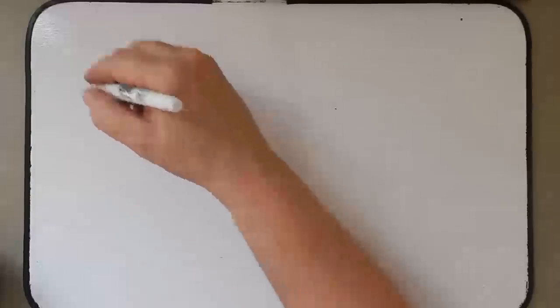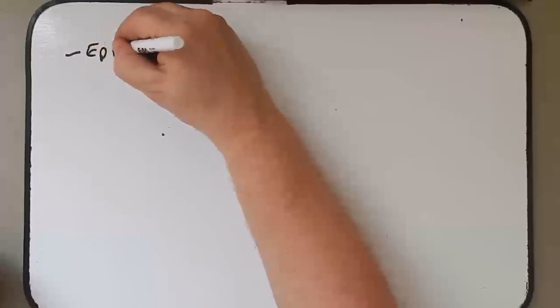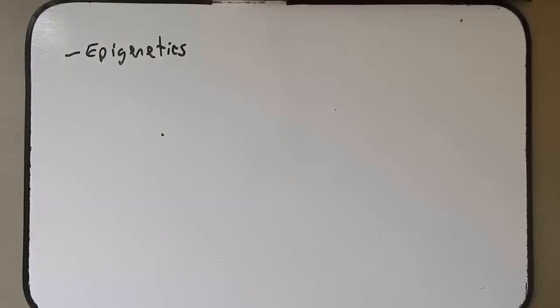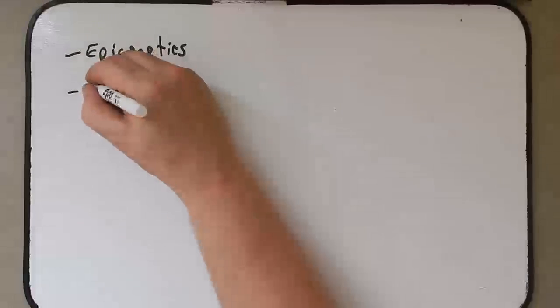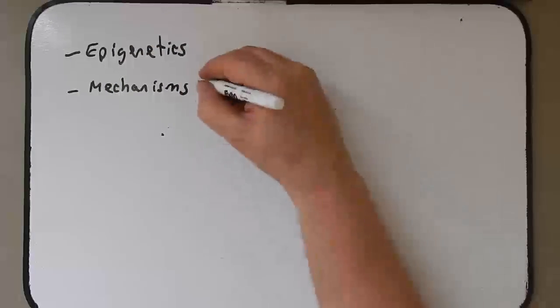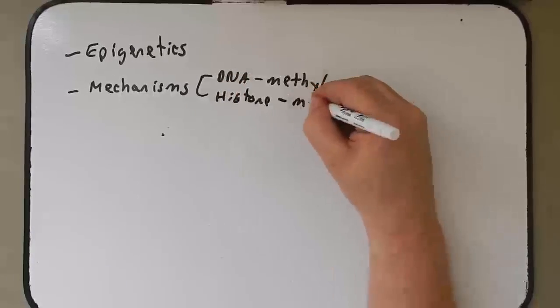Okay, that ends this podcast. This was a pretty long podcast. We talked about a lot of different things. We talked about the definition of epigenetics, with the key being that it changes the gene expression without changing the DNA. We then talked about the molecular mechanisms of epigenetics, mainly thinking about DNA methylation and histone modifications.